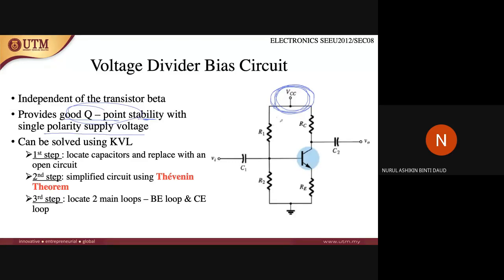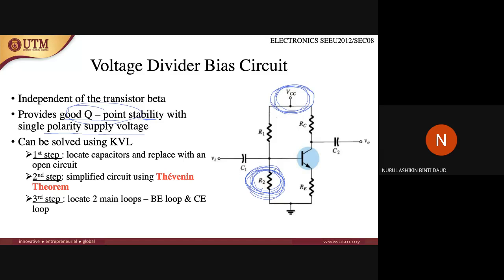What's the difference between this circuit and the other circuits? You can see that in this circuit there is an extra resistor at this part, where it connects the base to the emitter. This is the difference between the voltage divider bias circuit and the emitter stabilized bias circuit.